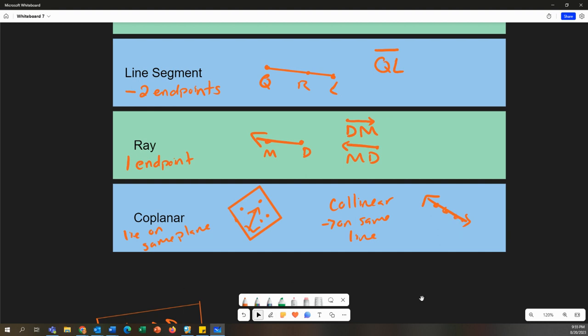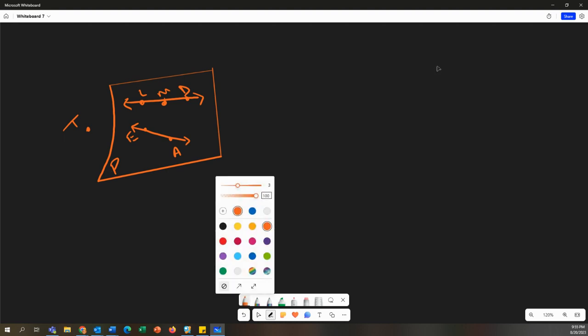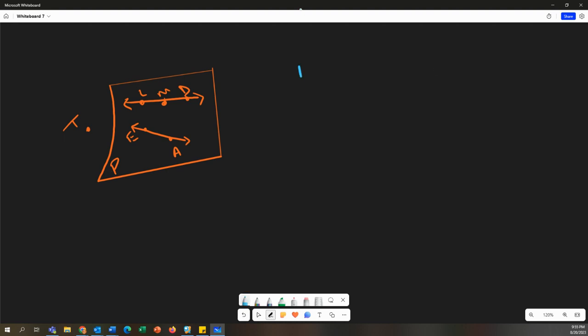Okay, let's look at an example. So we have this lovely drawing down here. From this drawing, we're going to find a couple different things. You guys go ahead and try these. What is another name for line M?